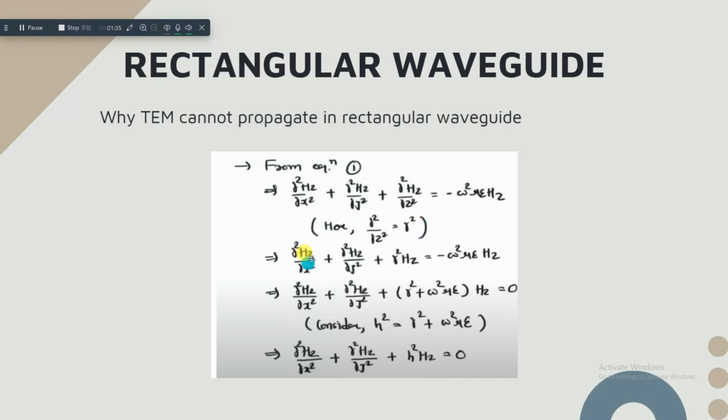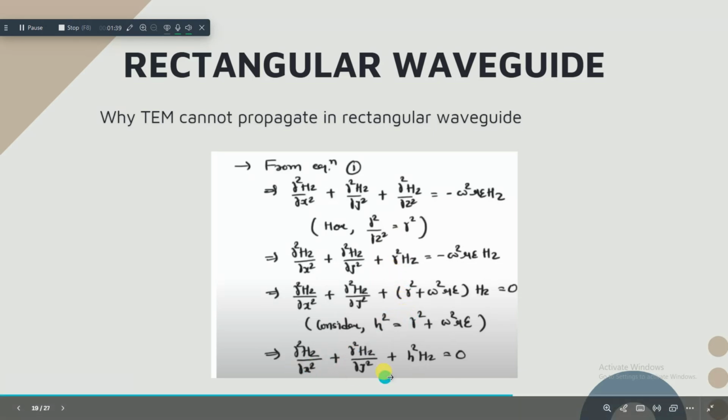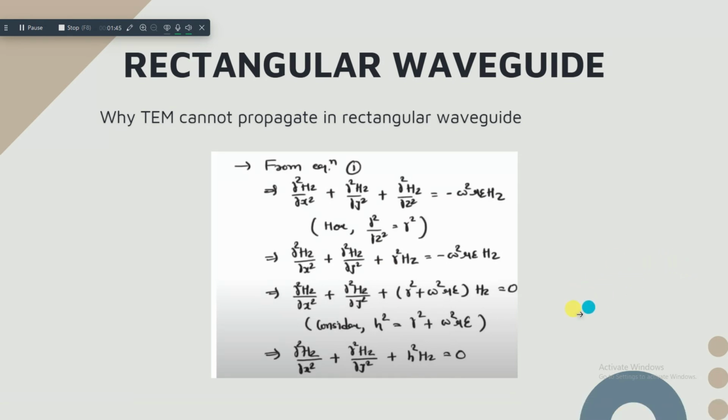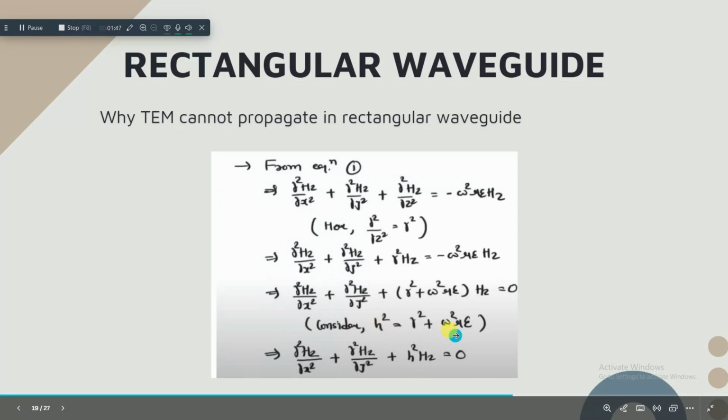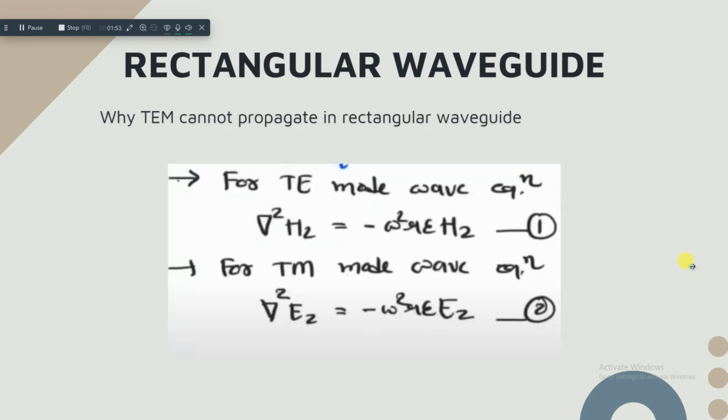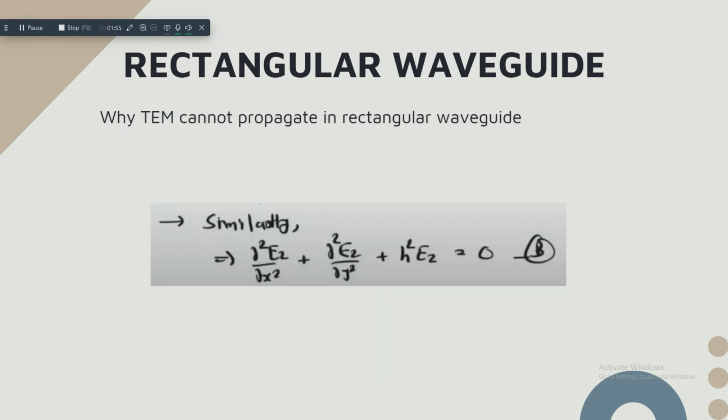Doing this, we at last get this equation: del squared Hz by del x squared plus del squared Hz by del y squared plus h squared Hz equals 0. h squared is defined like this. Okay, moving on. This was for the transverse electric wave. For the TM wave, we can similarly find this equation as well.